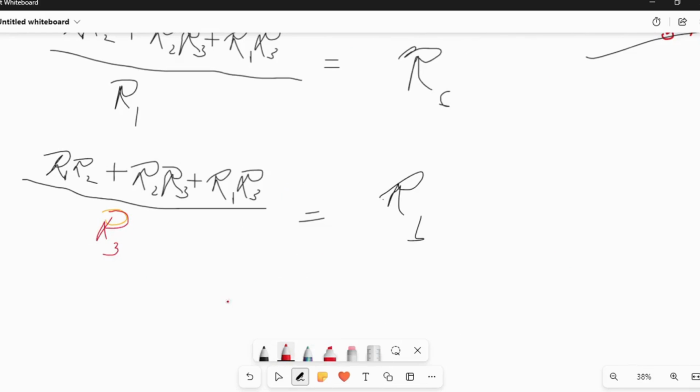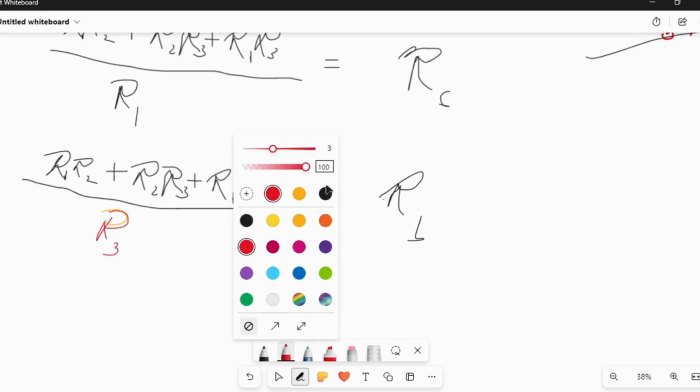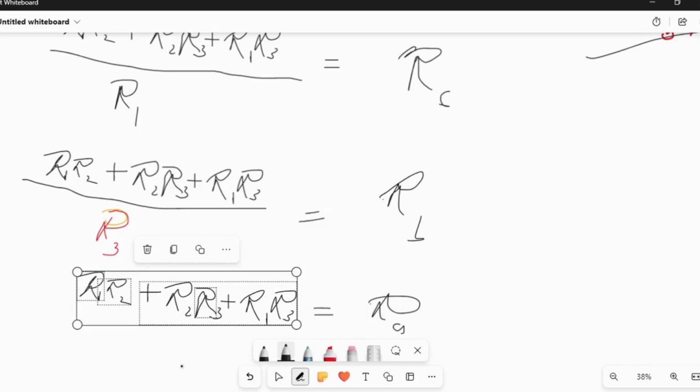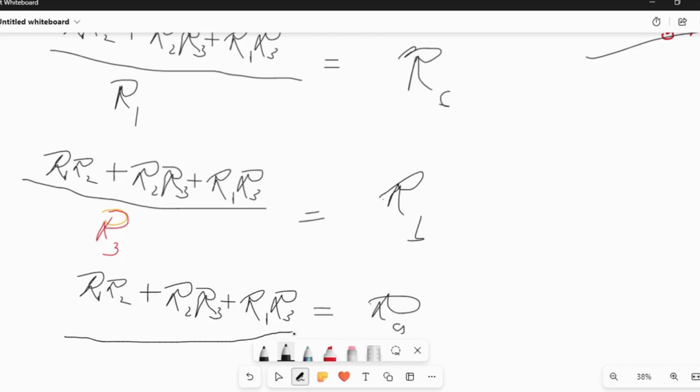Similarly, RA can be written as the product sum divided by R2. So let's take a look.